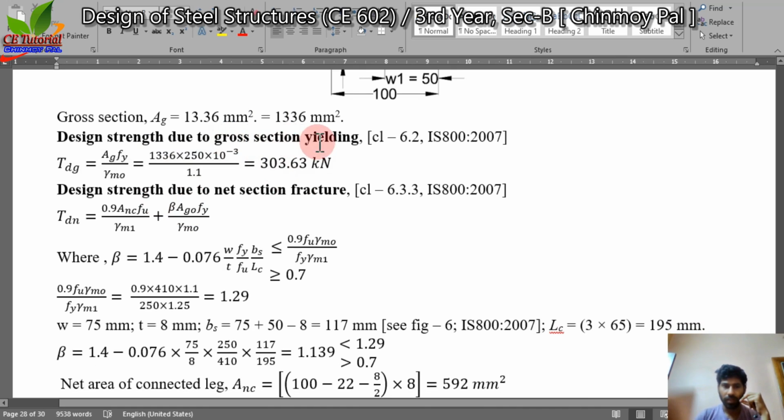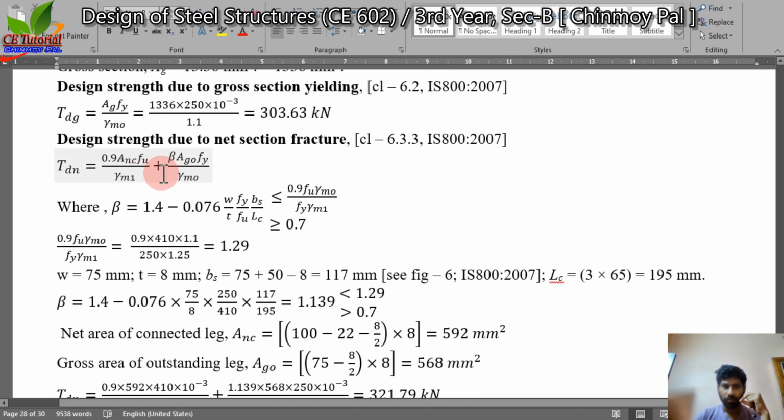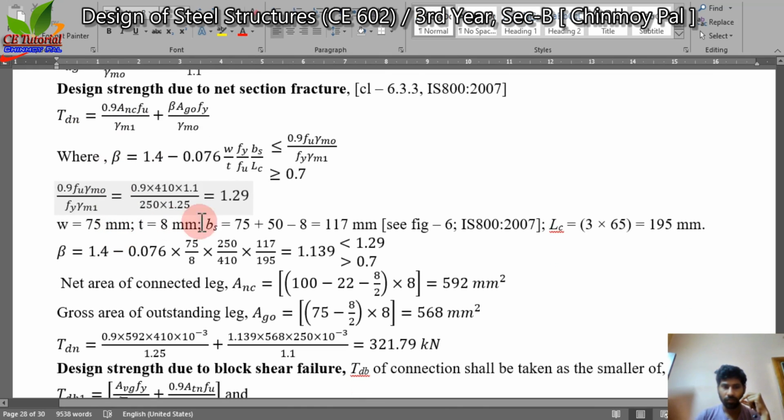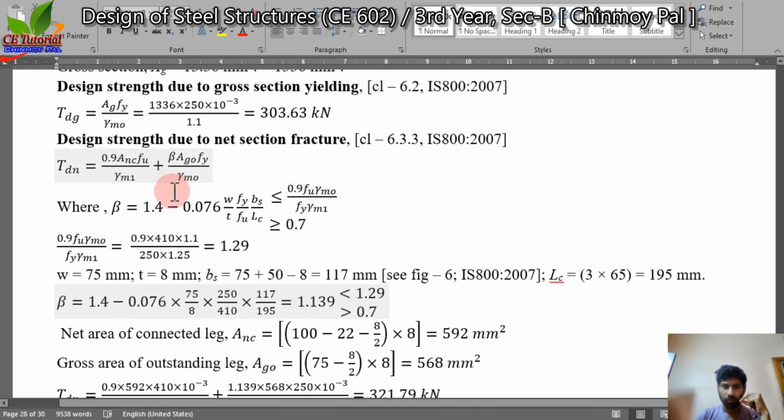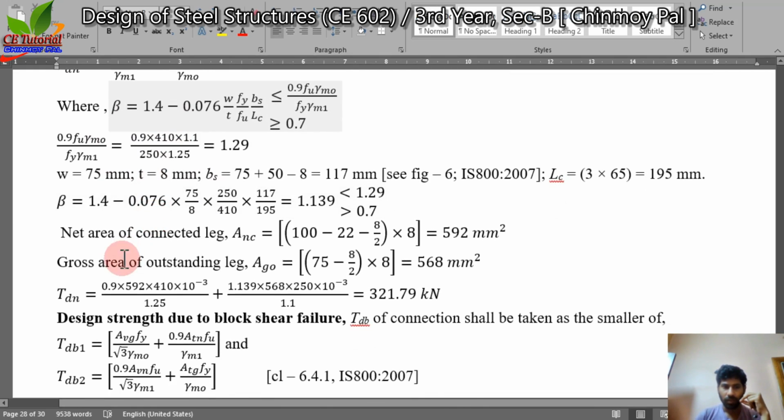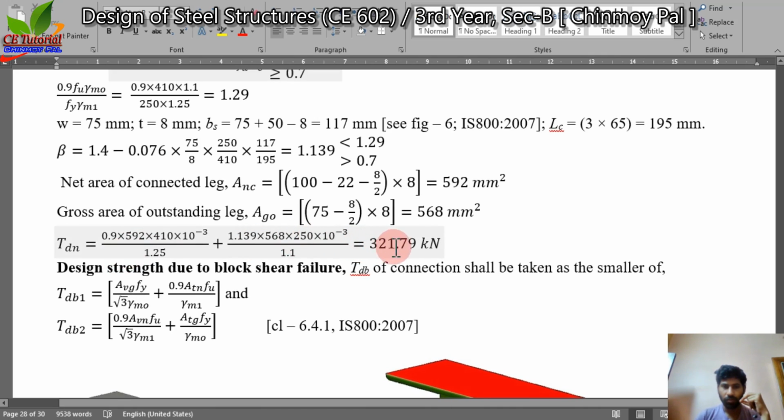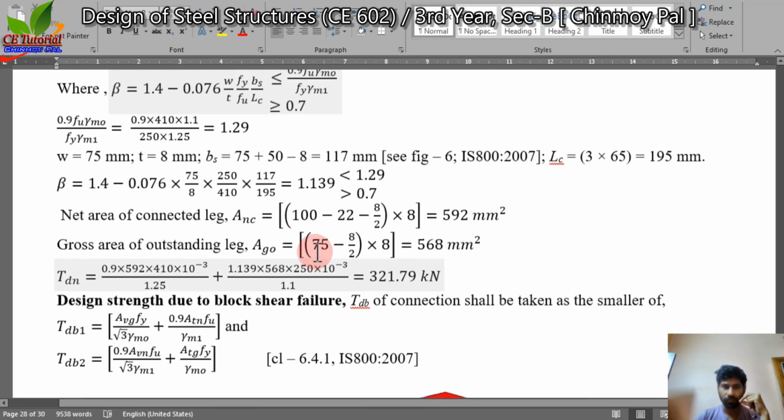So from cross section yielding we are calculating TDG is equal to 303.63 kilonewton, and from net section rupture we are calculating the TDN value. The TDN value is 321.79 kilonewton.